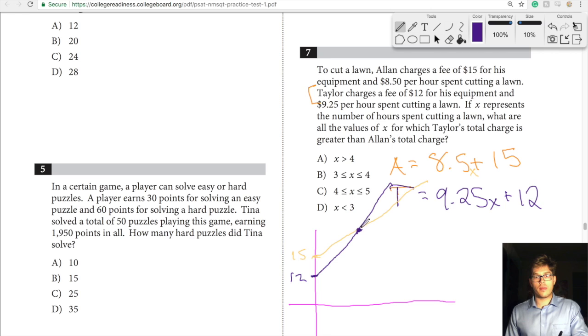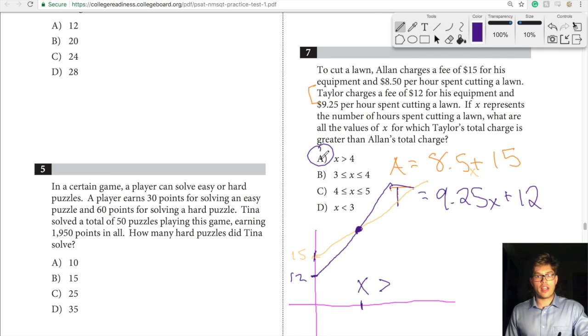So at some juncture, Taylor's going to pass Alan, always. So Alan is only more expensive from here to here. So when is Taylor more expensive? Taylor's more expensive whenever x is greater than whatever this juncture is. And that's it.